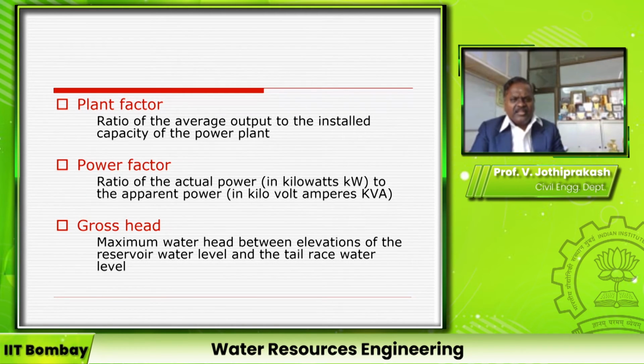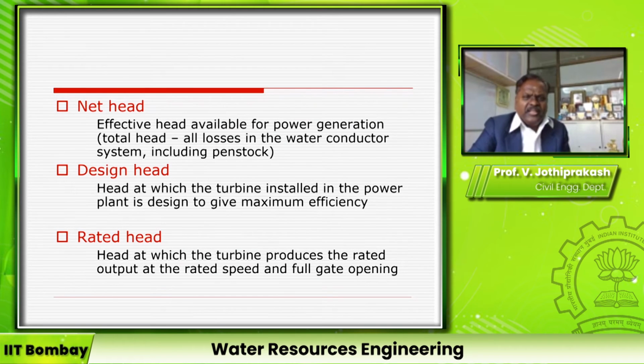Gross head, as I said, is the maximum water head between the elevation of the reservoir water level to the tail race of the water. Net head is gross head minus all losses. Design head is the head at which the turbine is installed and the power plant gives the maximum efficiency.